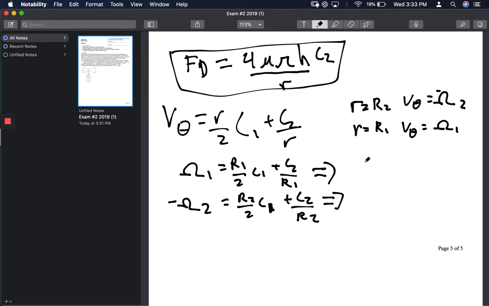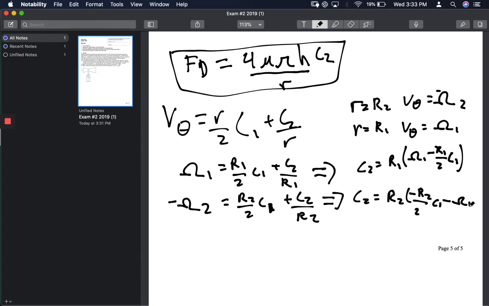And that will leave us with C2 is equal to omega 1 minus R1 over 2, all this times R1, and C2 is also equal to R2 times negative R2 over 2 C1 minus omega 1.